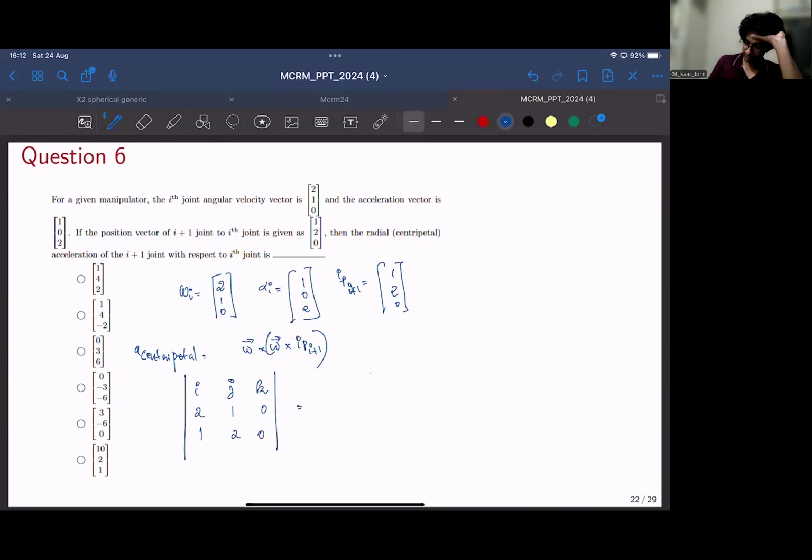If you take the cross product of this, you will get i multiplied by 0, minus j multiplied by, again, 0, I suppose, plus k multiplied by, suppose it's 4 minus 1, 3. So it's nothing but 3k.